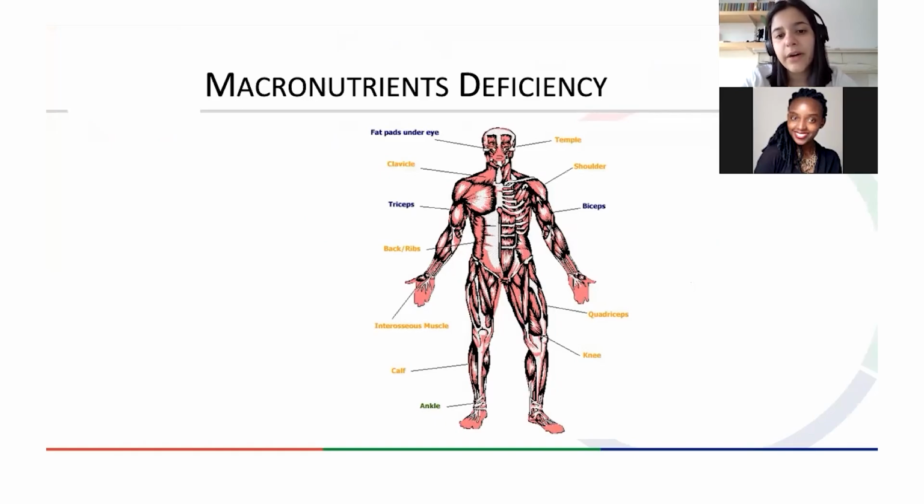You will see that by looking at an individual, for example, the fat pads under the eye. If you see that the individual has very thin skin, a very thin skin fold, not only in the fat pads under the eye, but in the tricep, in the bicep, this usually means he or she is malnourished.